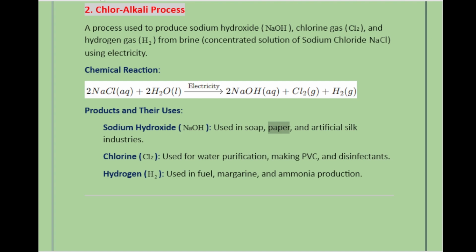Sodium hydroxide, used in soap, paper, and artificial silk industries. Chlorine, used for water purification, making PVC, and disinfectants. Hydrogen, used in fuel, margarine, and ammonia production.